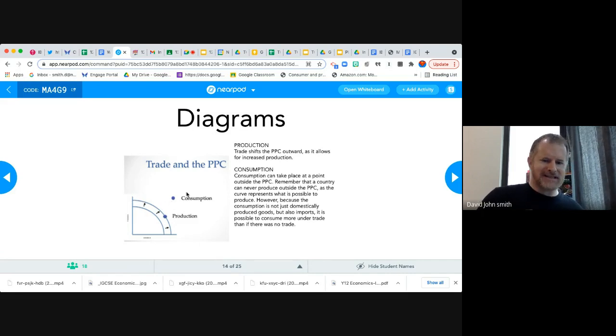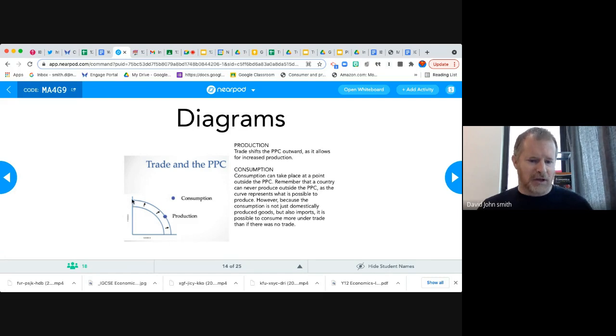Consumption, however, lies outside of the PPC. So we can't reach this level of this good and this good because of our domestic production. The only way we're going to be able to get this particular level of consumption is by trade. What happens is that we're going to specialize in the production of one of these goods.